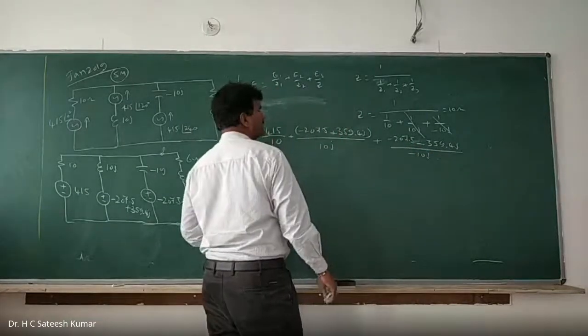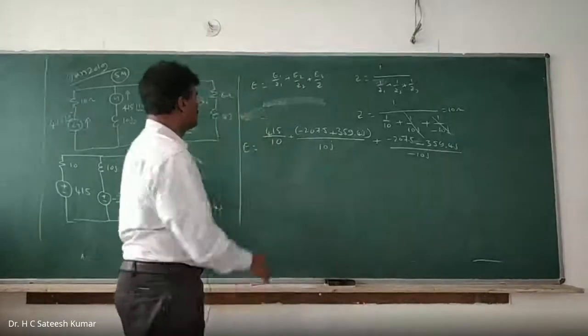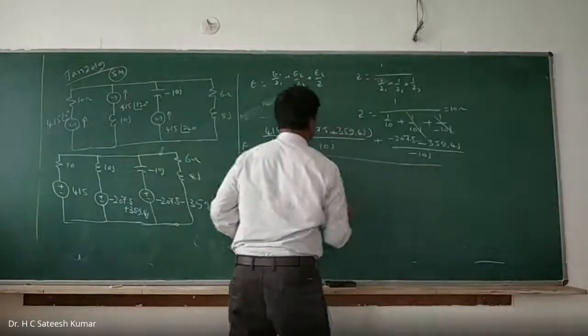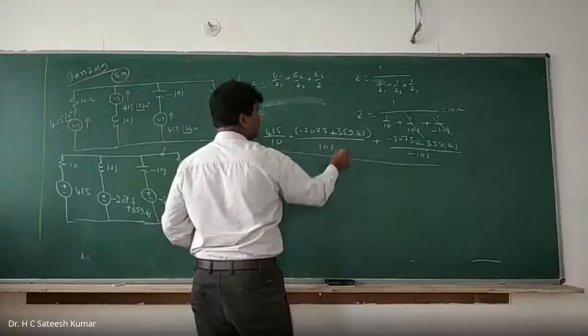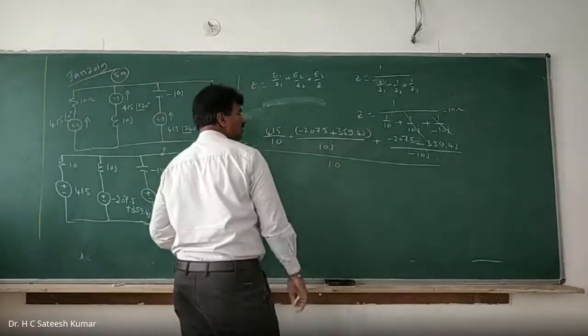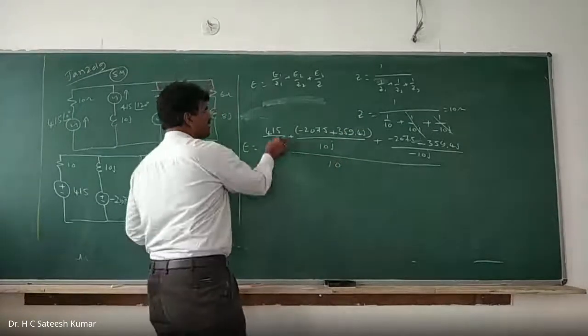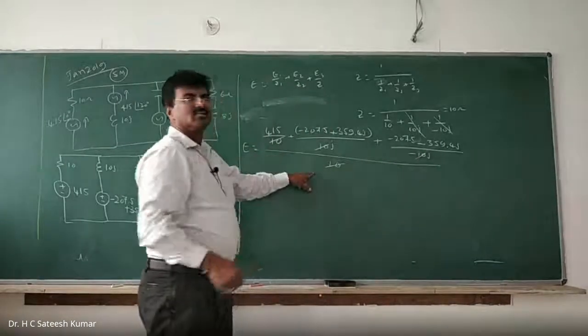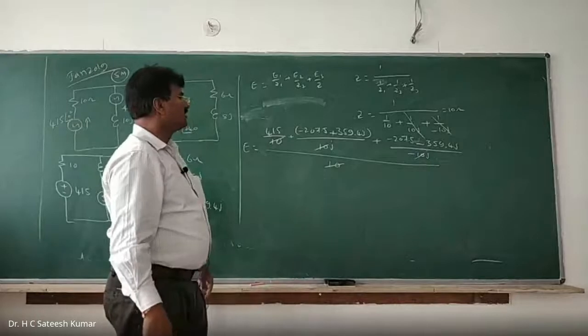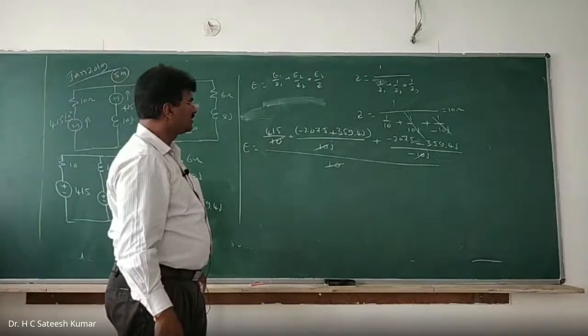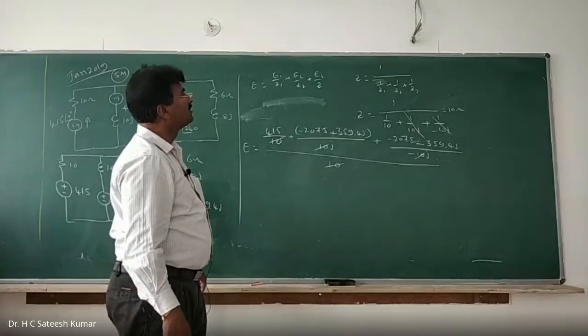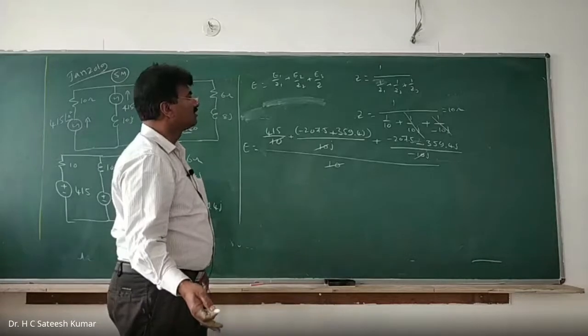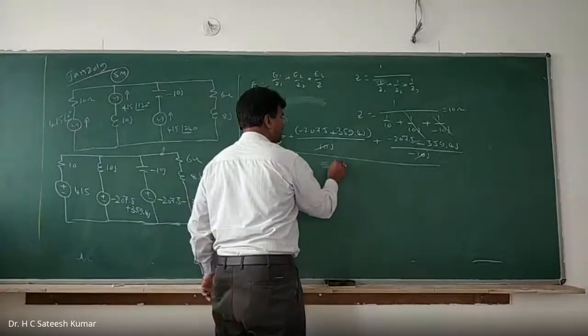Okay, right. Observe this one. Whole divided by 10 only. So this 10 gets cancelled now, you take it common in the denominator. Not 10, sorry, 1 by 10, otherwise it will not get cancelled.